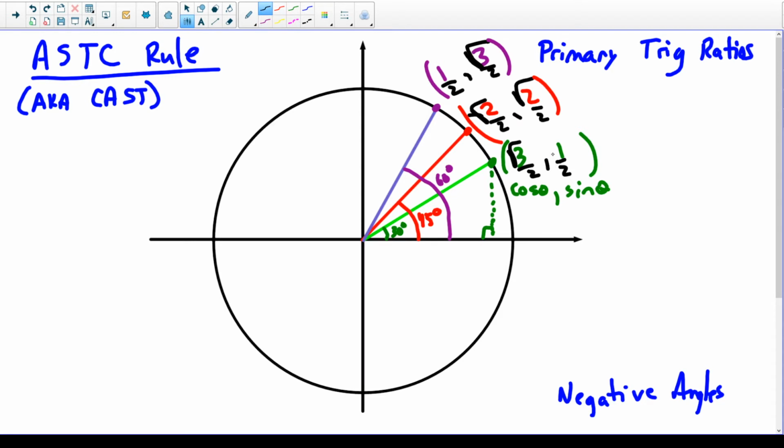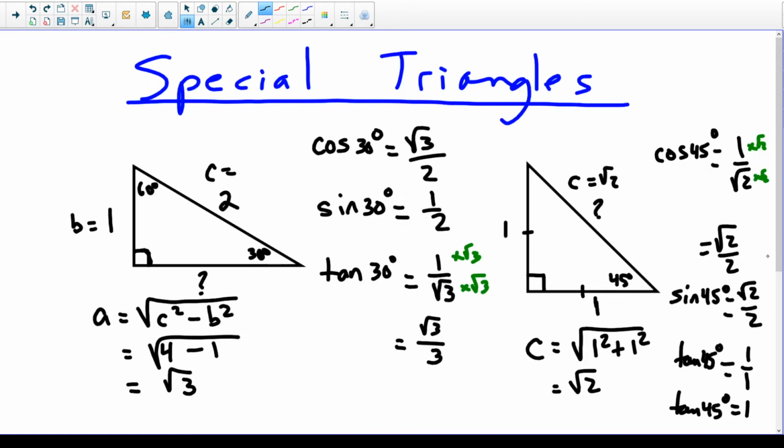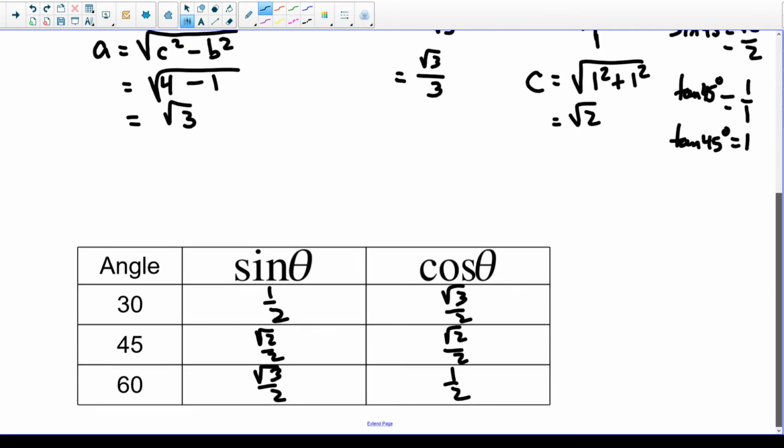And for me, this is much easier to remember than those special triangles. But if you look, cosine of 60 is 1/2, sine of 60 is root 3 over 2. If we go back to the table that I just wrote here, cosine of 60 is 1/2, and the sine of 60 is root 3 over 2.